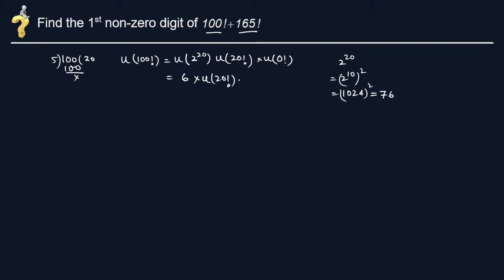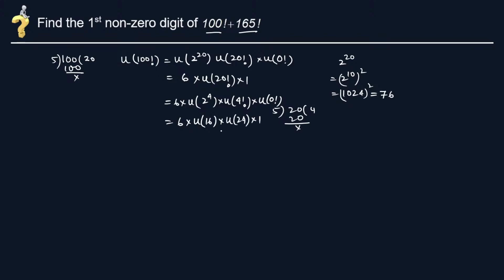Factorial 20, I will do it right now, and this is 1. 20, again divide by 5. So this can be written as 2 to the power 4, factorial 4, factorial 0. So this is basically 16, 24, 1. So the first non-zero digit will be 6 in 16, and in 24 the first non-zero digit is 4.